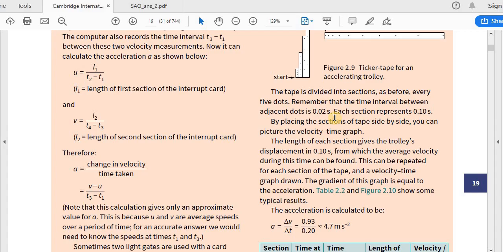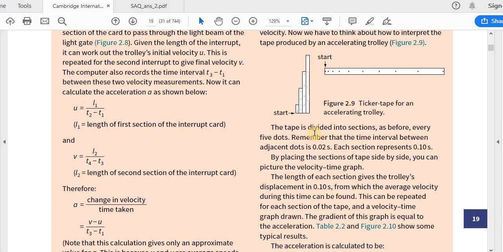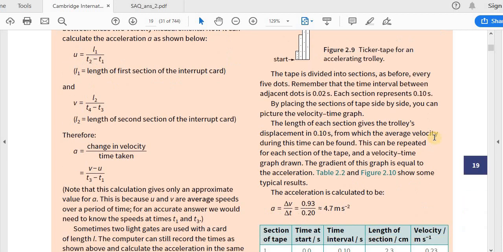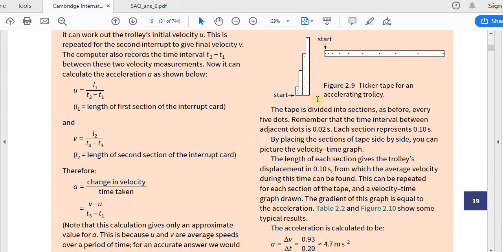So if you cut it every 5 dots, then it's 0.02 times 5, which is 0.10. So the time for each length of card, if you cut it every 5 dots, will be 0.10 seconds. And if you place the strips side by side like this, you can get a velocity time graph.